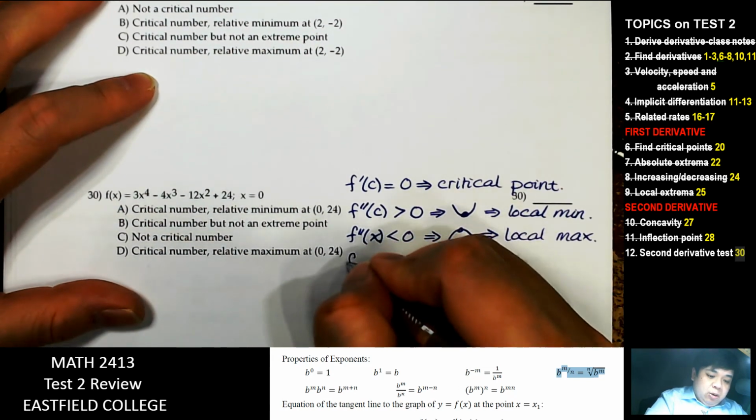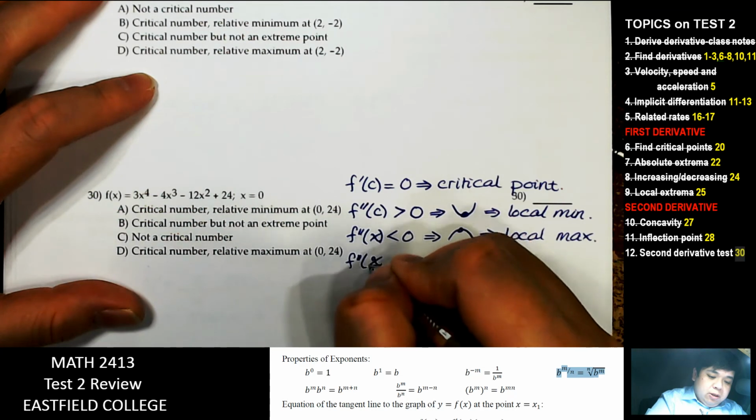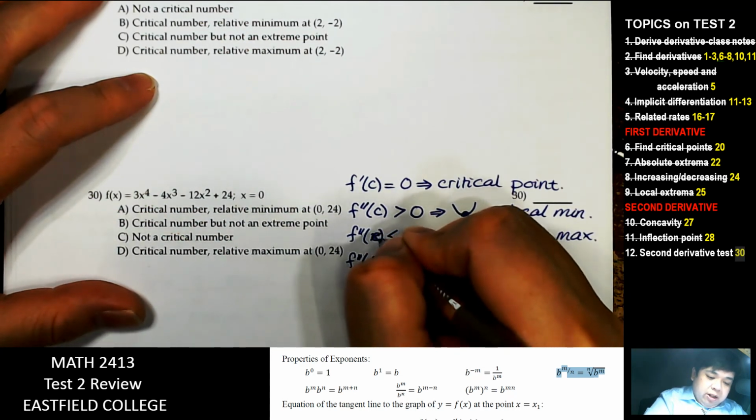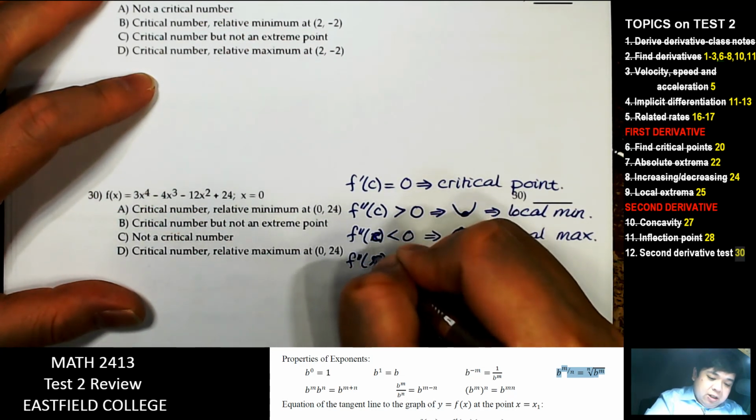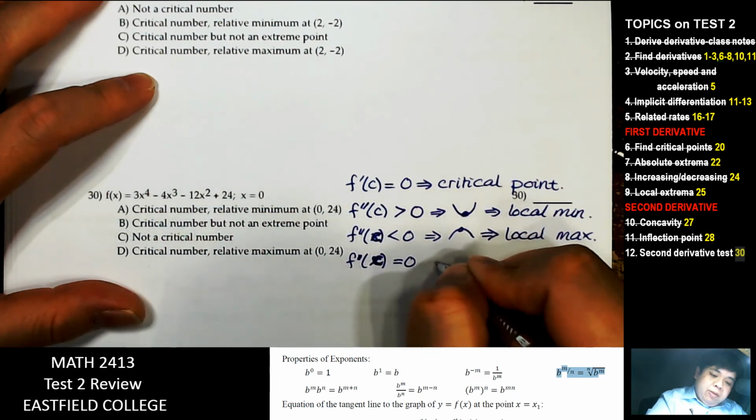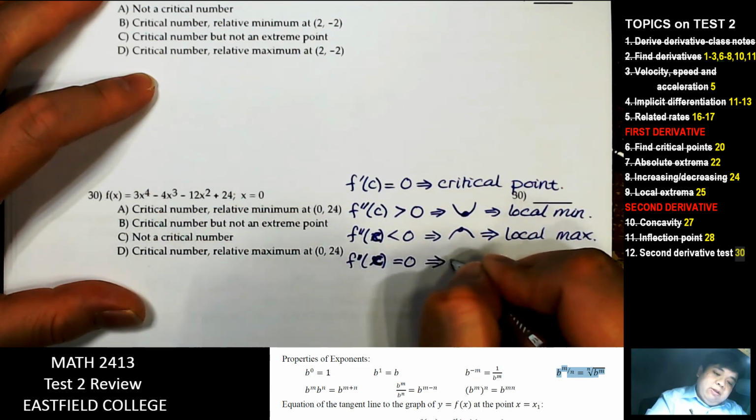And if the second derivative is equal to 0, it will be inconclusive.